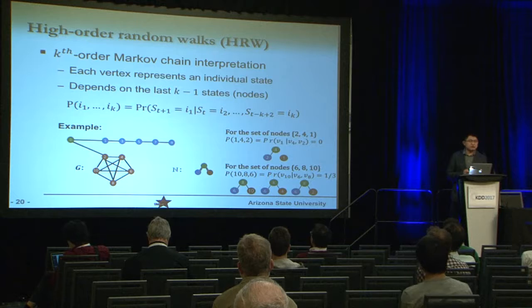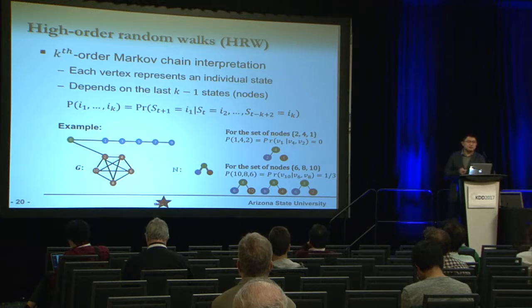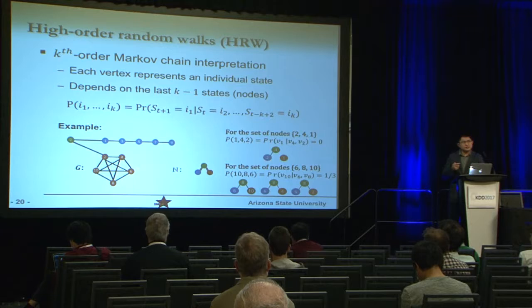The high-order random walk can also be interpreted as a k-th order Markov chain. We consider each vertex as an individual state, and each entry of the transition tensor can be interpreted as a conditional probability. Using the previous example, the entry P142 can be considered as the conditional probability: given node 4 and node 2, what's the probability of forming a 3-node line using node 1?